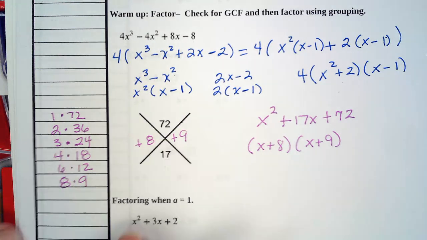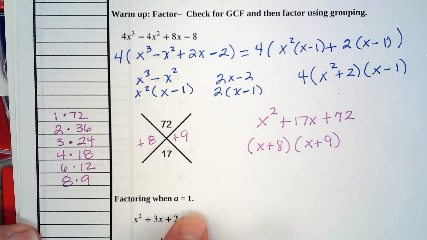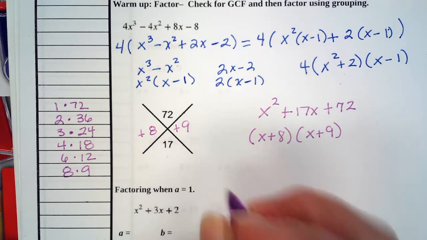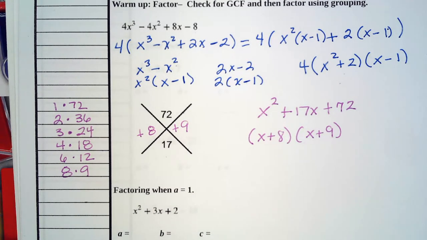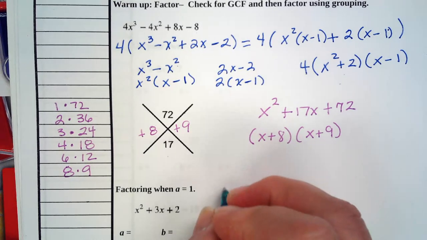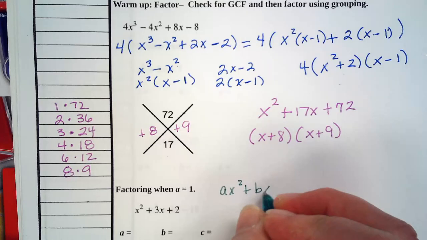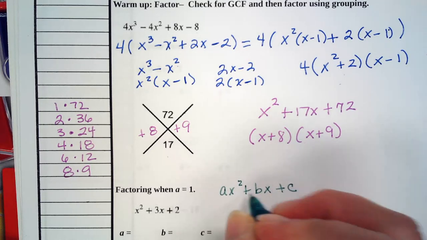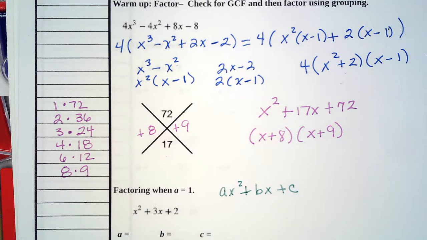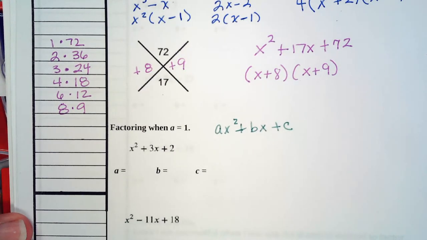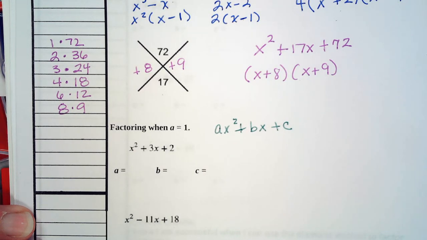Okay, so when we're factoring, the form of a quadratic is ax squared plus bx plus c. Looking at this first one we're going to factor, what is a?